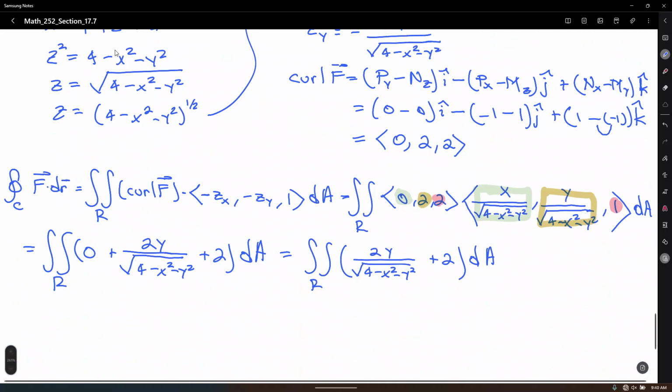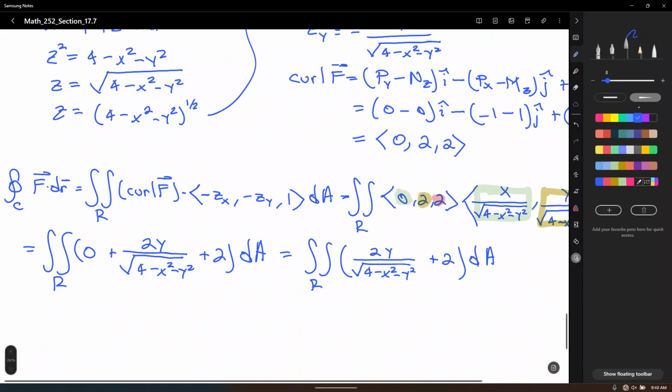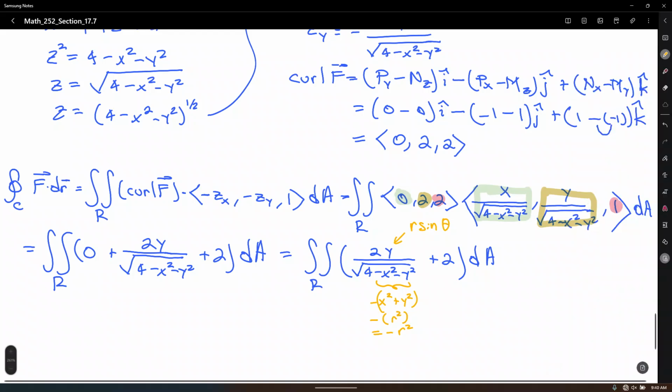Number 1, this guy right here will become negative x squared plus y squared, which is simply negative r squared. And what about y? Isn't that r sine theta?